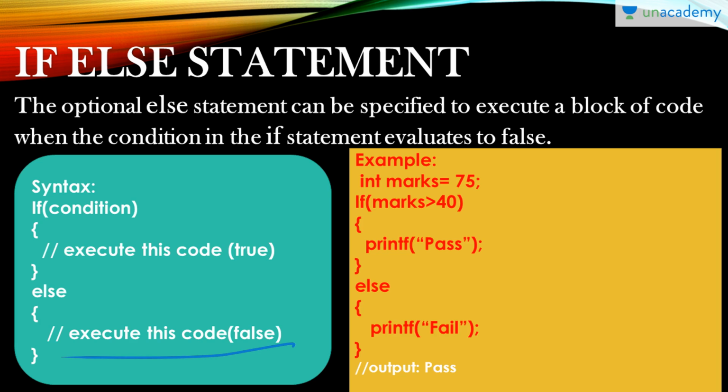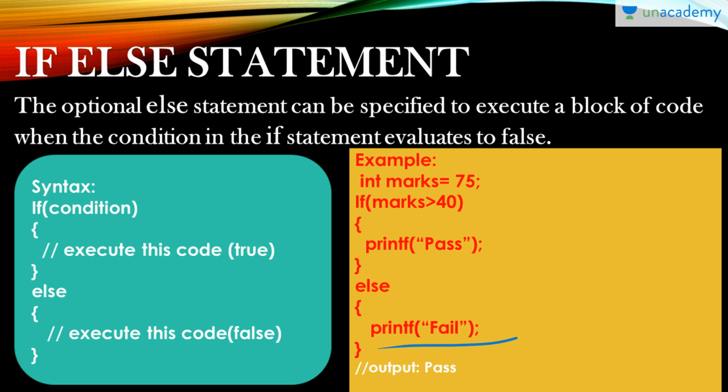Now we are taking an example here: int marks equal to 75. If marks greater than 40, then execute this code, that is print pass. And if marks less than 40, means if this condition is false, then print fail.